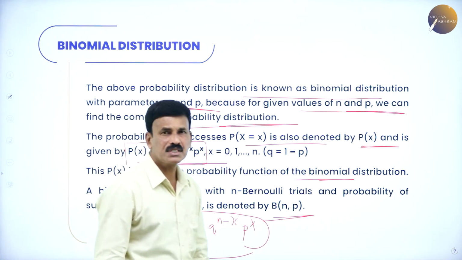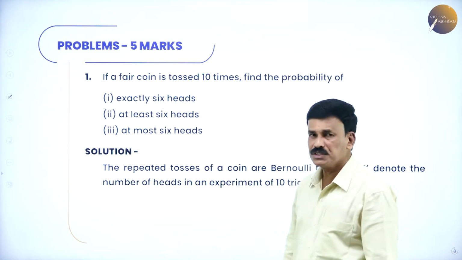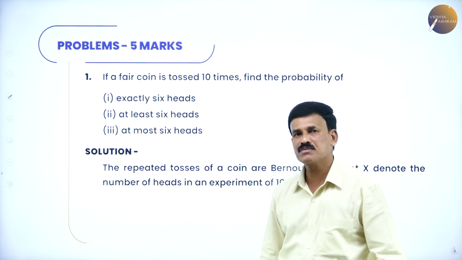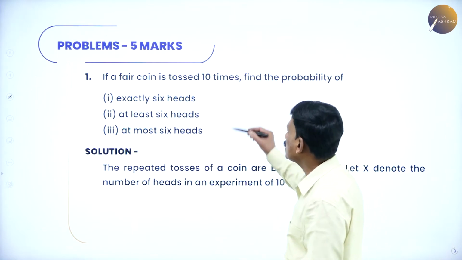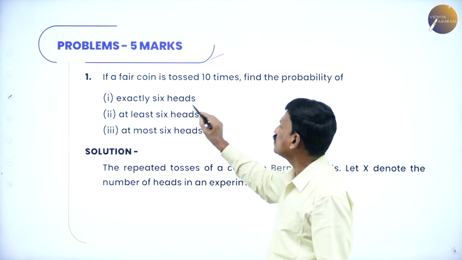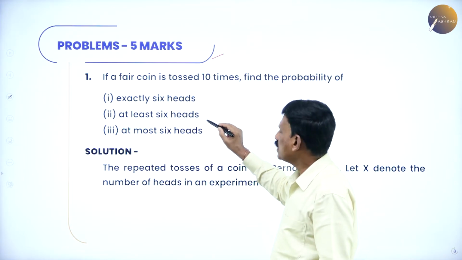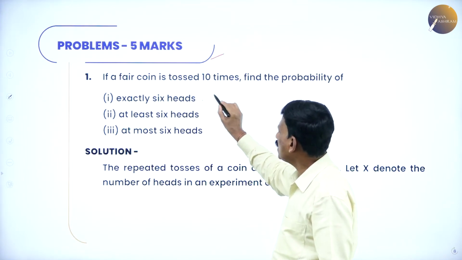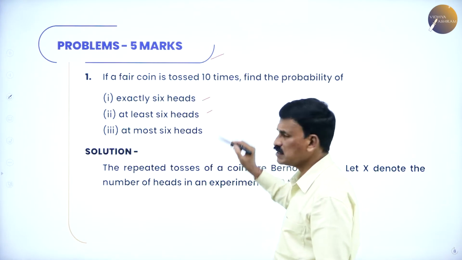So let us consider a small example. This is a very important example as well as a very important problem for 5 marks. You may expect at least 1 or 2 cases in the examination, either the first and second, or the first and last.